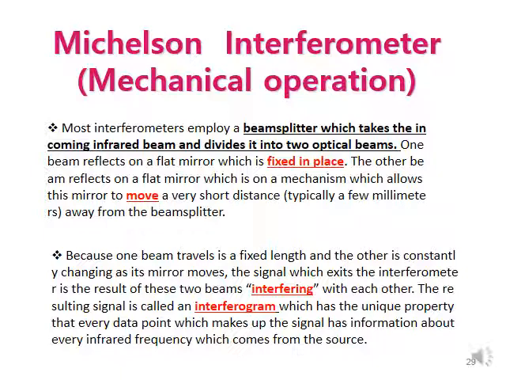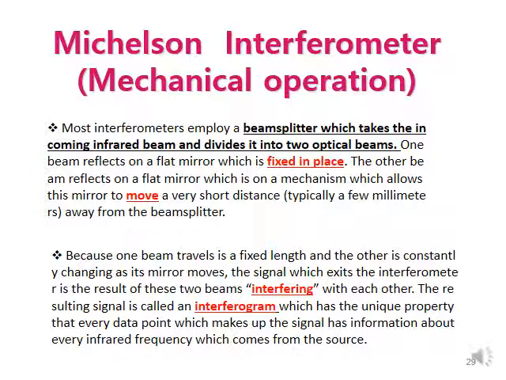Most interferometers employ a beam splitter, which takes the incoming infrared beam and divides it into two optical beams. One beam reflects on the flat mirror, which is a fixed mirror, and the other on the movable mirror. This mirror can be moved, but only a very short distance.